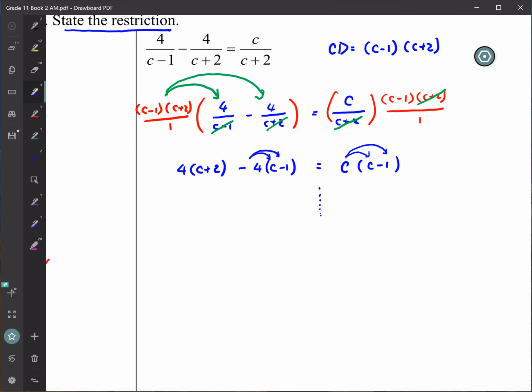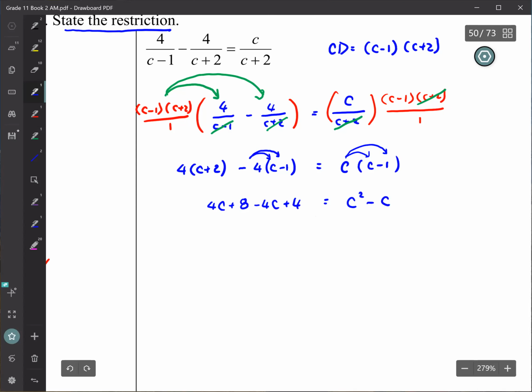And then see what we get. On the left side, we get 4C plus 8, right? 4C plus 8. And then this part expand, it brings in -4. So -4C plus 4. Right side is C squared minus C.